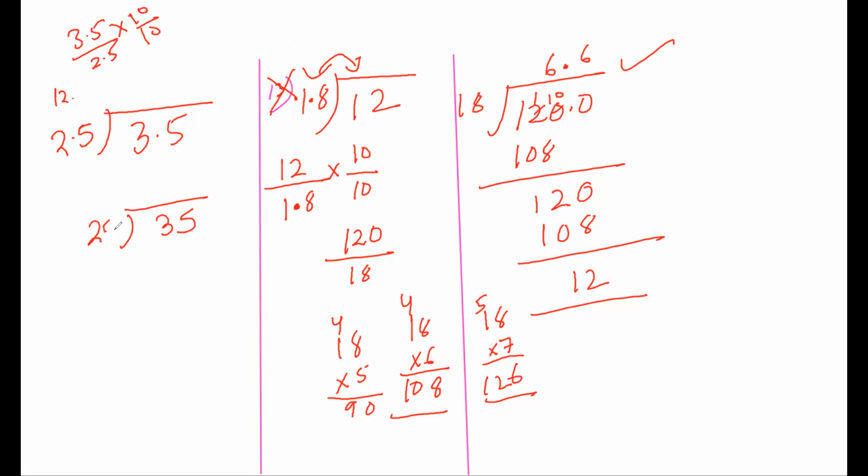So I get 35 and 25. 25 times 1 is 25. I get 10 and 125 times 4 is 100. I get 0. My answer is 1.4.